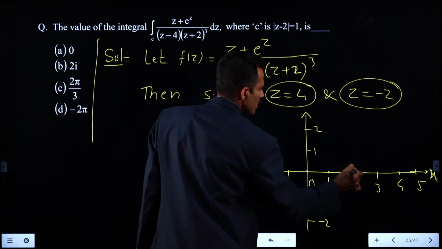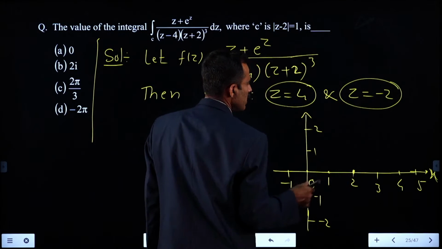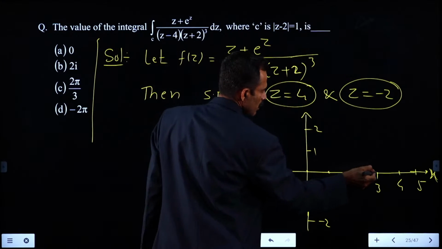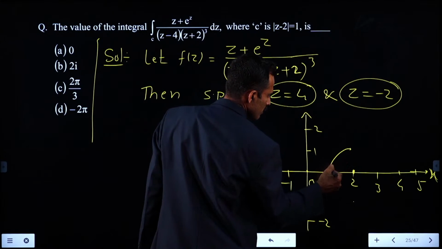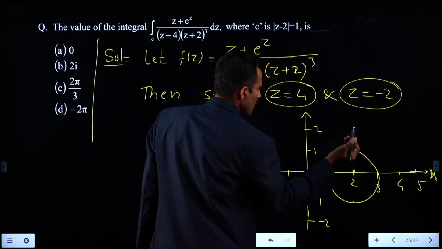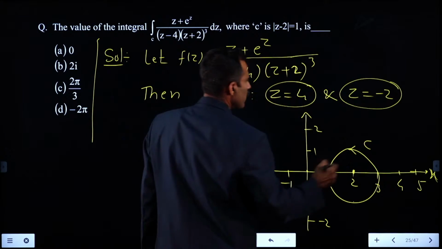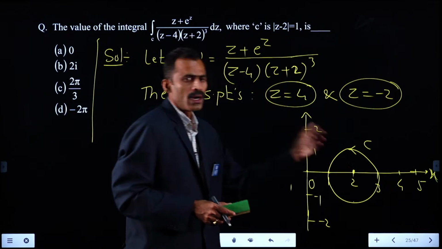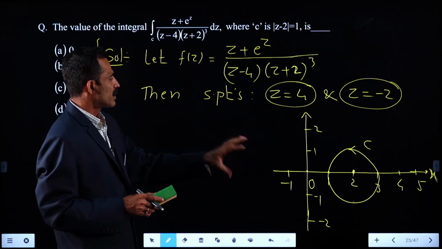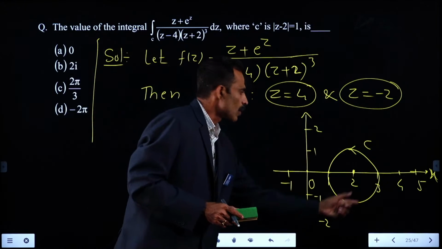Now the center is 2, radius is 1. Now this is our given closed curve C, or this is the region R. So we are given this region only, or we are given the closed curve C only.